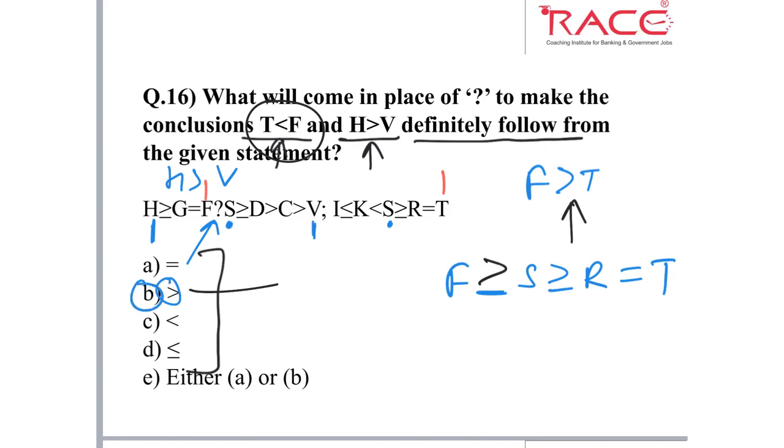B. What would be my answer? B. E cannot be the answer. Why? Because they are using the word 'and' here, and 'and' means both the conclusions must follow. So if I use option A, then the first conclusion will not follow.